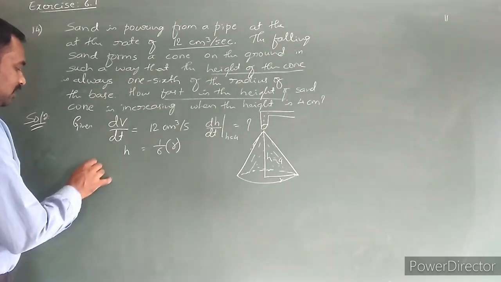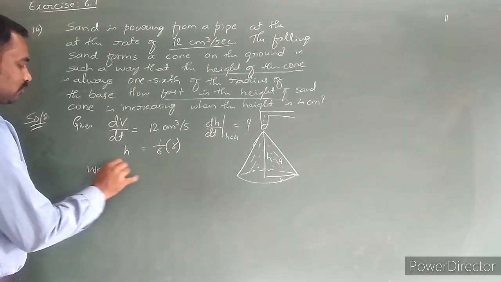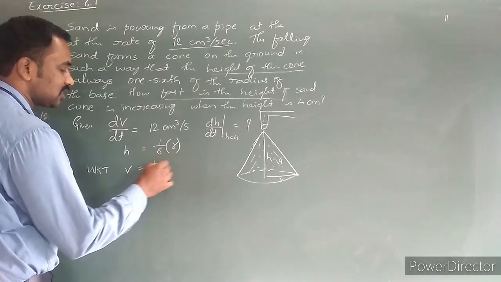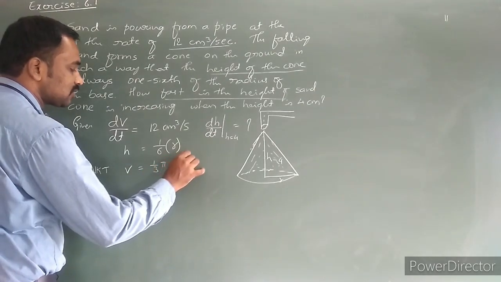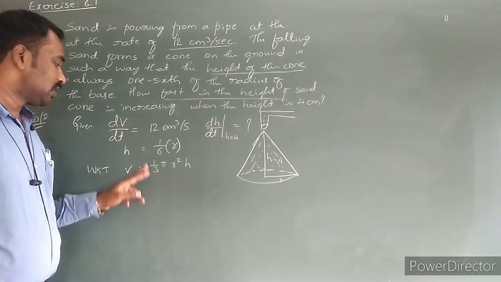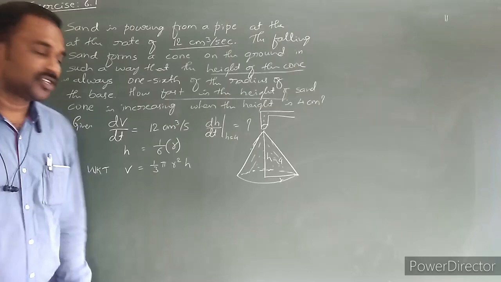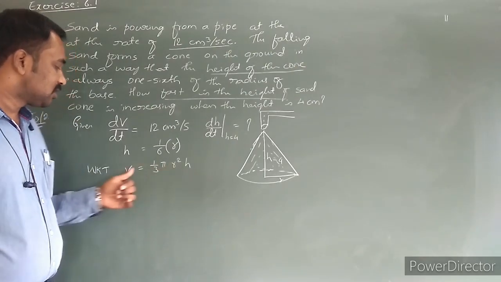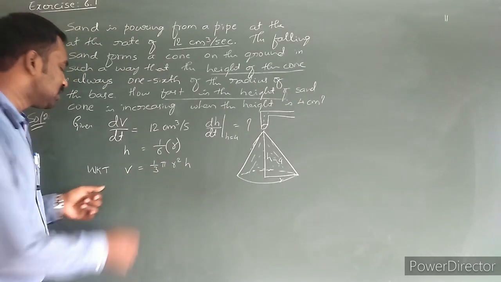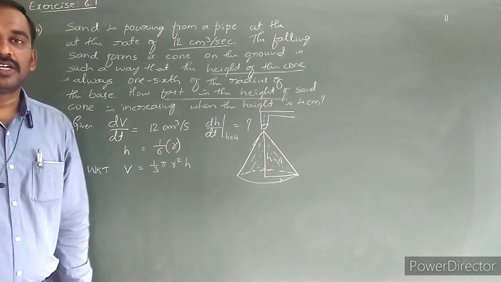Already we know the volume of the cone is 1/3 pi r square h. Are you clear? Here r and h are variables. If the radius and the height of the cone are changing, the volume of the cone is also changing.